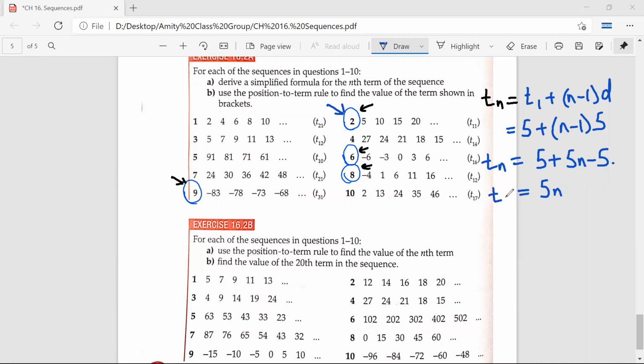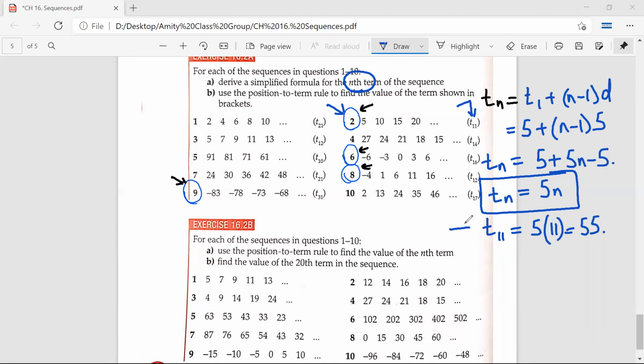Soumya ji, what was your Tn? Tn is the nth term. T11 is when I put n is equal to 11 here, and this will be. Any doubt? Have you understood the logic?